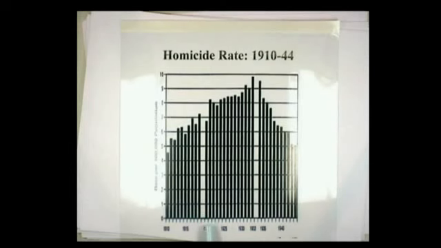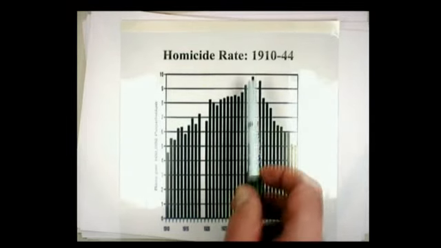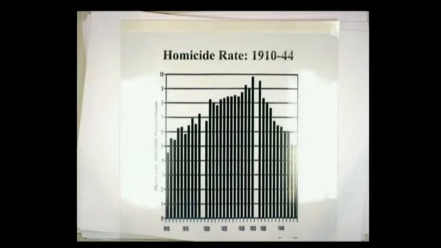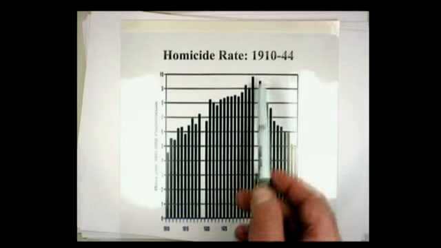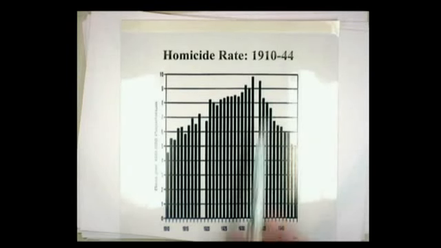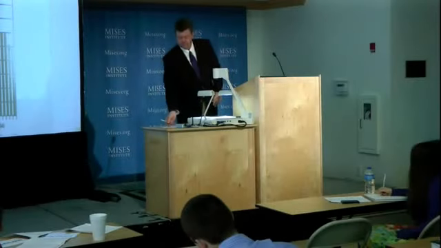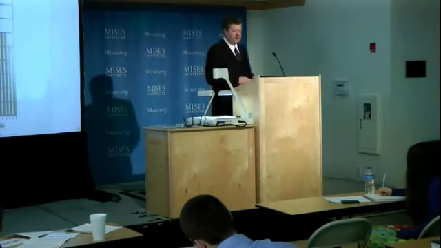Then prohibition is enacted, and the murder rate climbs from 8 to almost 10 persons per 100,000 people per year. And then after prohibition is repealed, the murder rate declines back down to about 5 murders per 100,000 people per year. So the murder rate is very high as a result of prohibition because there are no property rights.